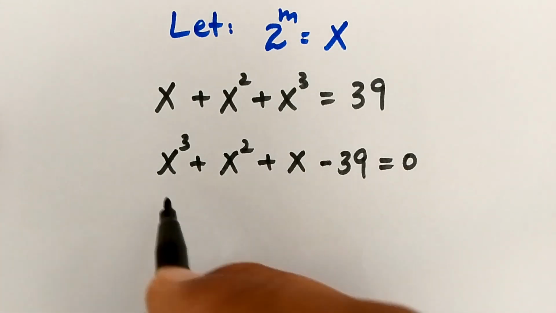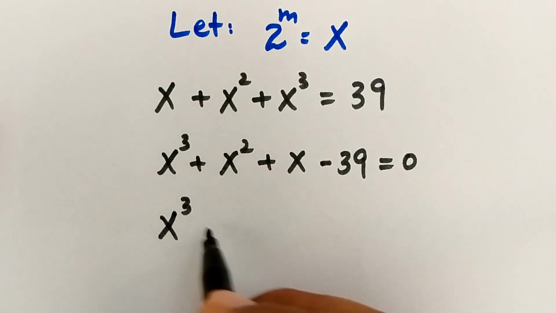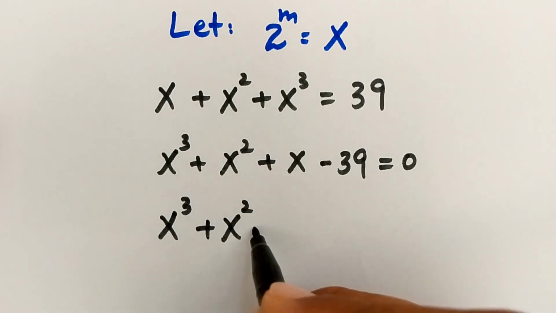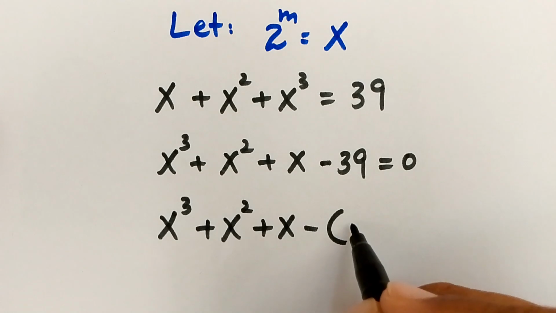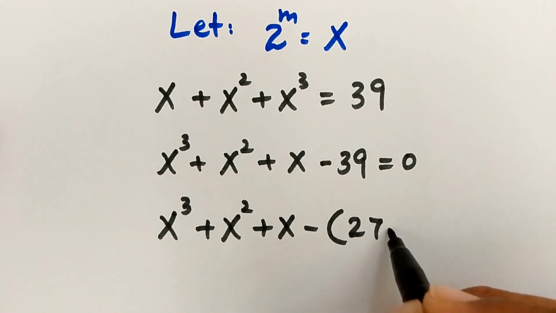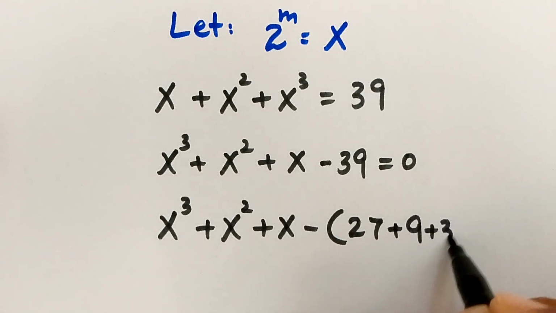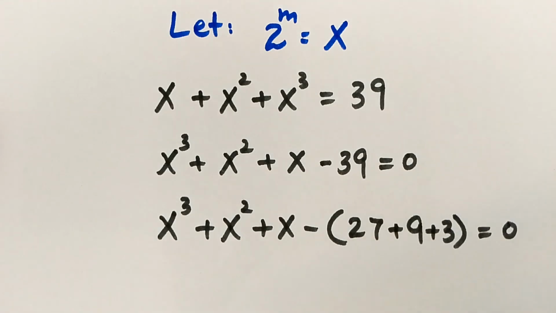Now in the next step, x to the power of 3 plus x square plus x minus this 39 can also be written as 27 plus 9 plus 3, which is equal to 0.